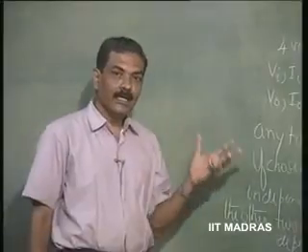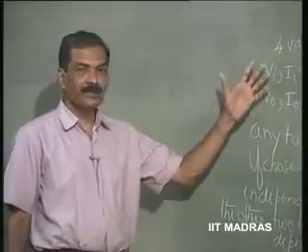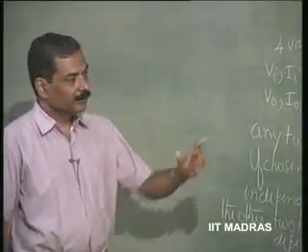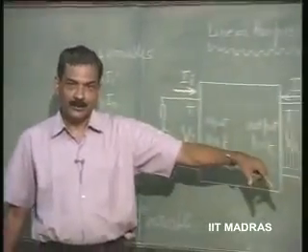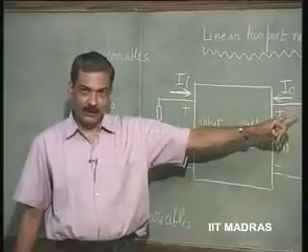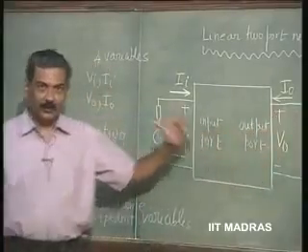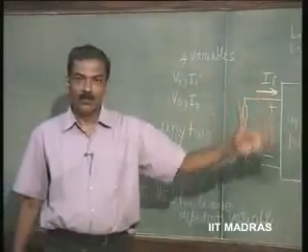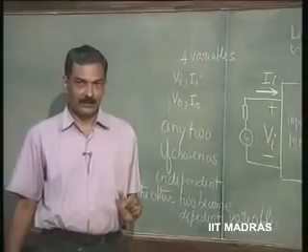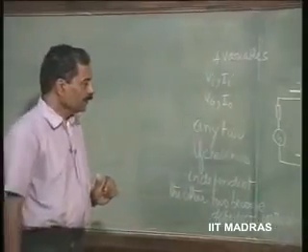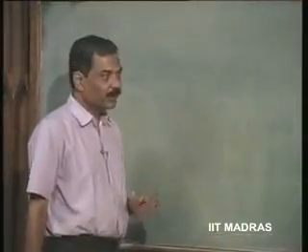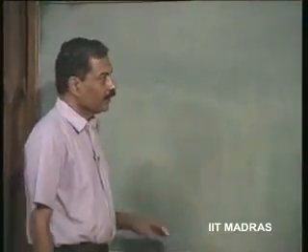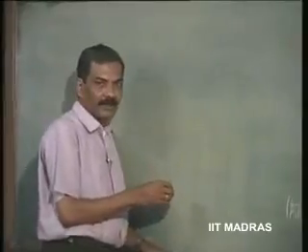defining the relationship between these different variables. For one port, there are 2 ways. For 2 ports, there are 4 ways. And all these 4 ways were exposed to you in networks. Let us see what these are. Let us consider the first way.